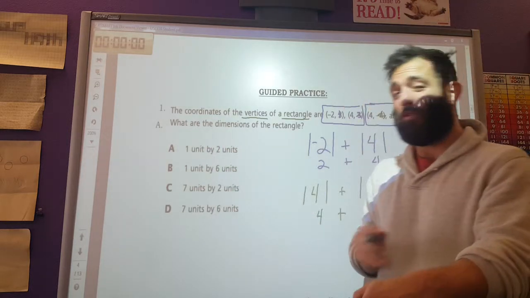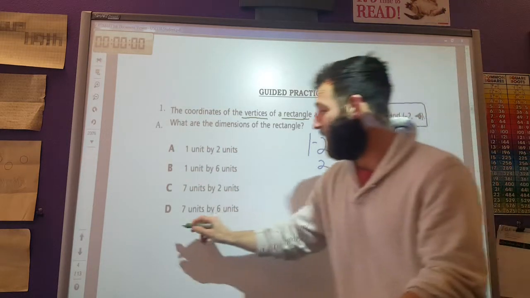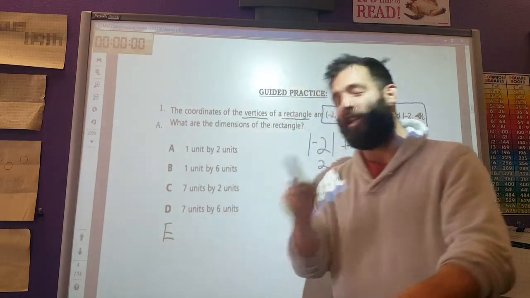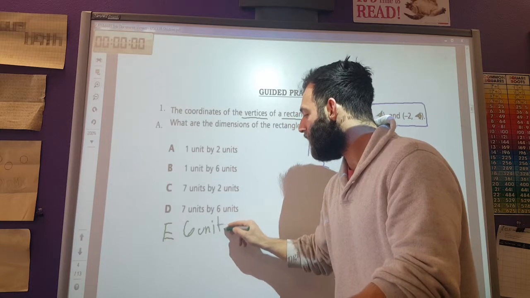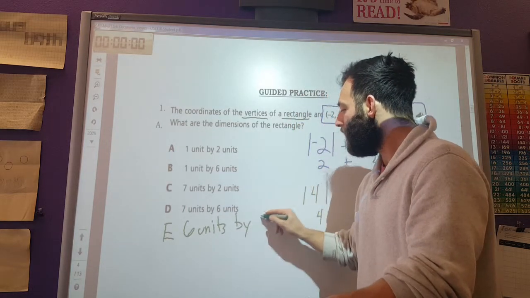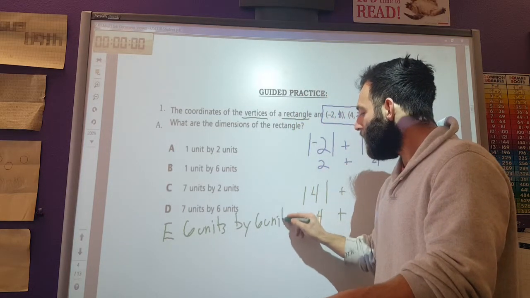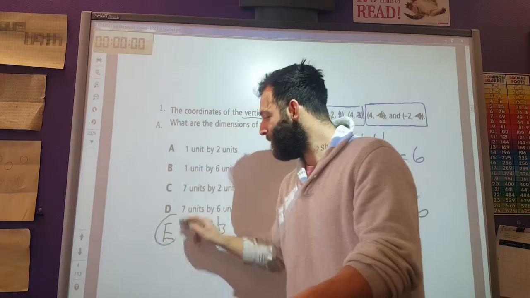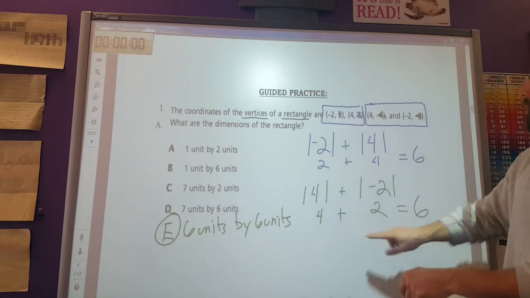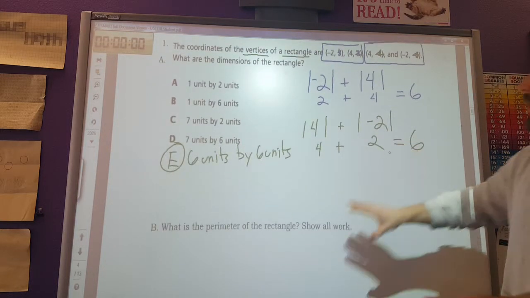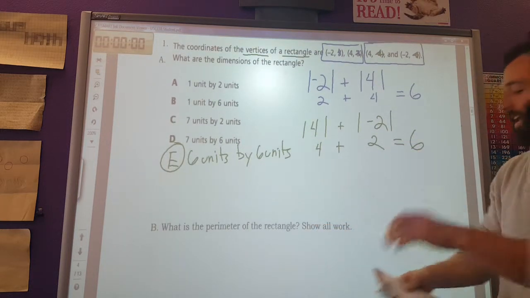And if you got confused by these selections here, that's fine too, because it was actually selection E. 6 units by 6 units. So that means I can find the perimeter of the rectangle by adding the lengths.